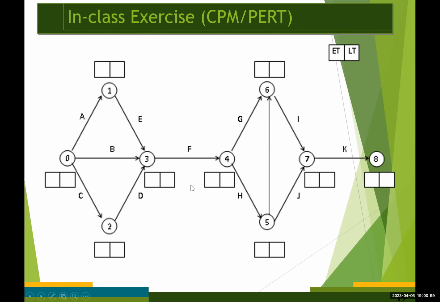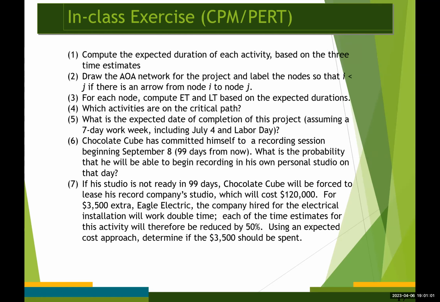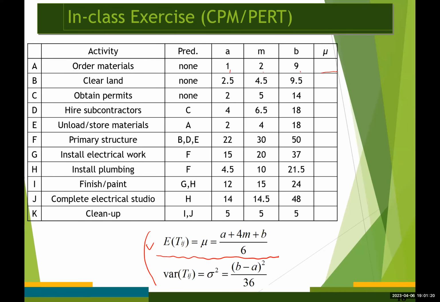What is the next question? Let me see. Okay, so the next question is for each node, we need to compute earliest time and latest time based on the expected durations. Okay, so what you need is, where's the values?